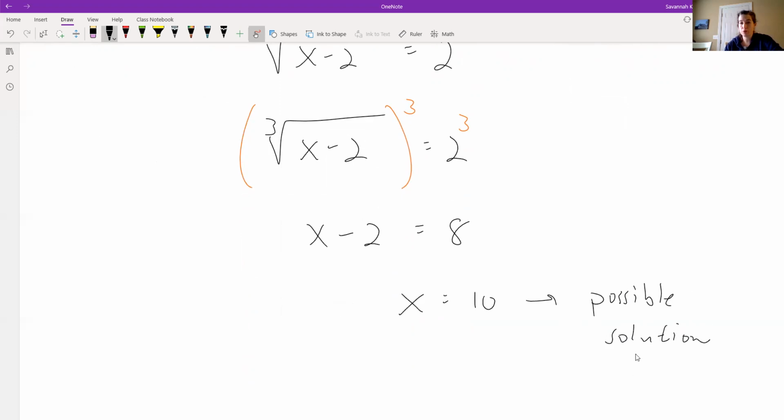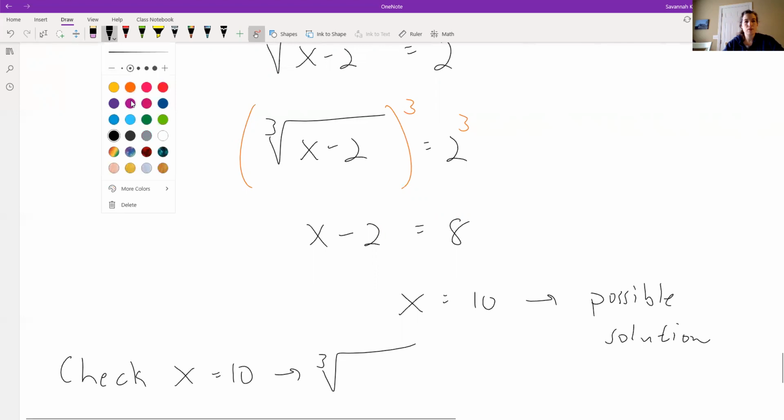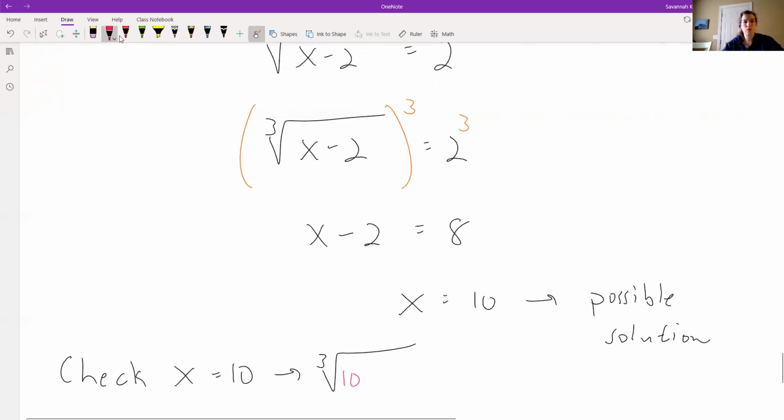Okay, that's all I get for a possible solution. So very quickly turn right around. This is the one and only time in this problem I'll have to do that. Put that 10 in there instead of my x.